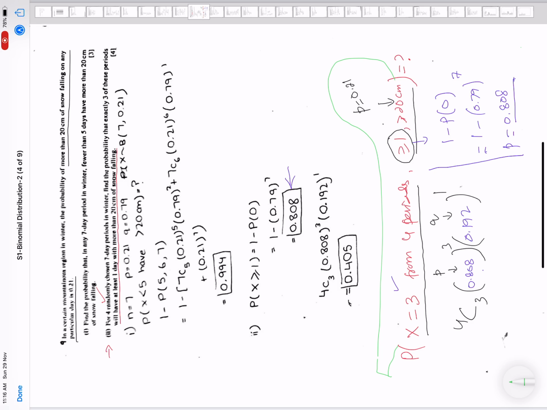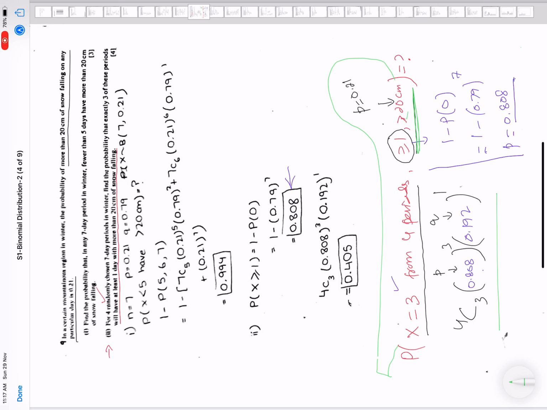X3 from 4 periods, this is here. At least one day with more than 20 centimeters of snow falling, this information is here, and this information is in fact for the calculation of P. So at least 1 can be written as 1 minus P0, 1 minus Q to the power n. Now how will you get P and Q?